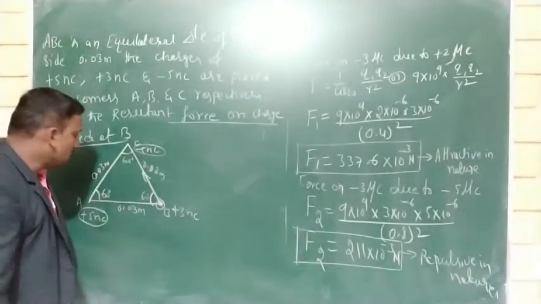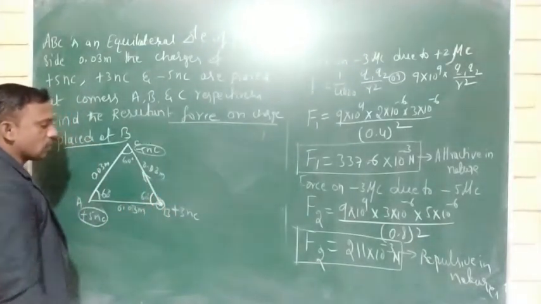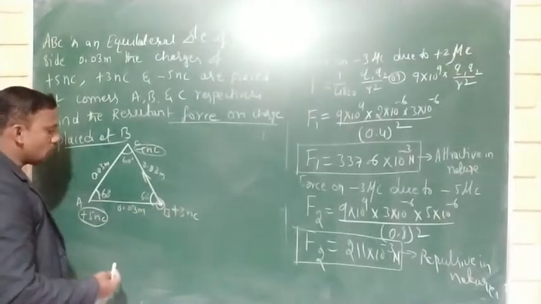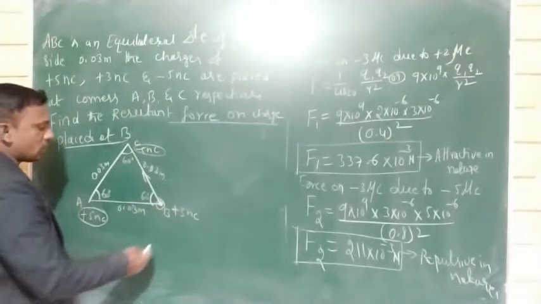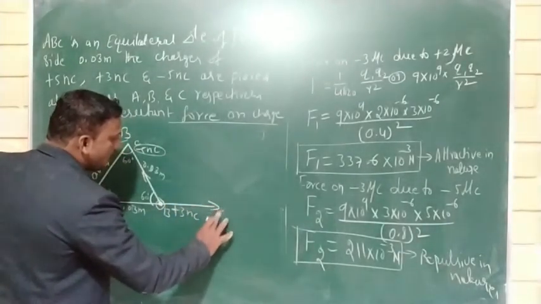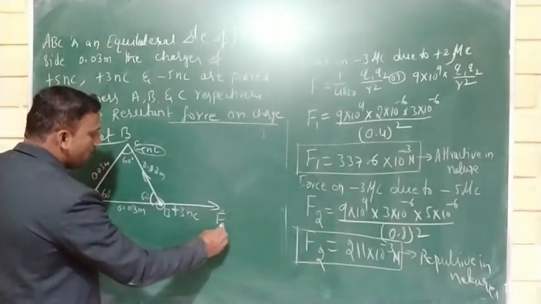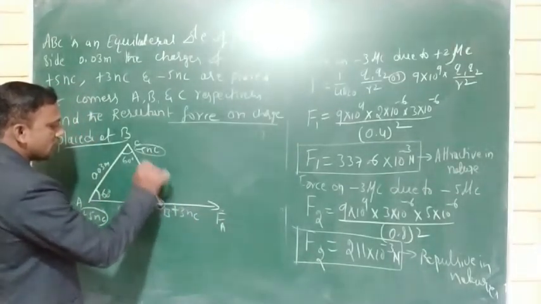Similarly, this is a positive charge and this is also positive, so the force is repulsive in nature. This is FA, and this is FC.